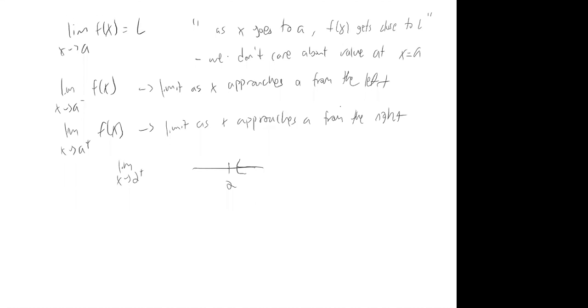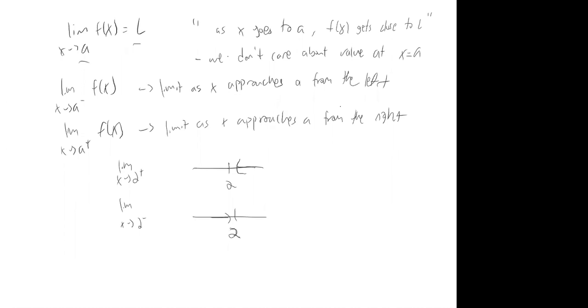And from the left, you're taking numbers like 1.99999, stuff like that. And same for any other number. Note we haven't really defined limits going to infinity yet, so these are just numbers for now.